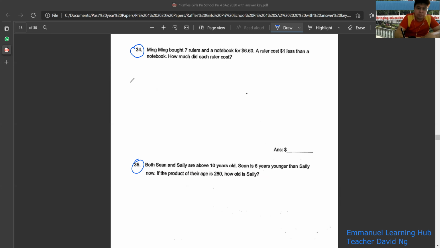Okay, 7 rulers, right? A ruler costs $1 less than a notebook, right? N for notebook, or NB for notebook.